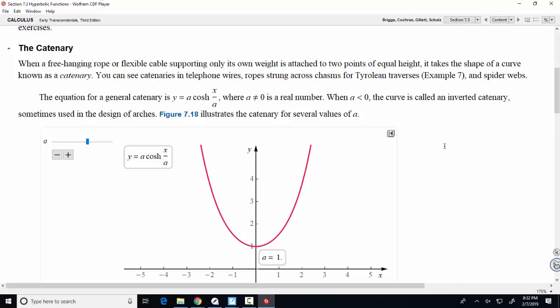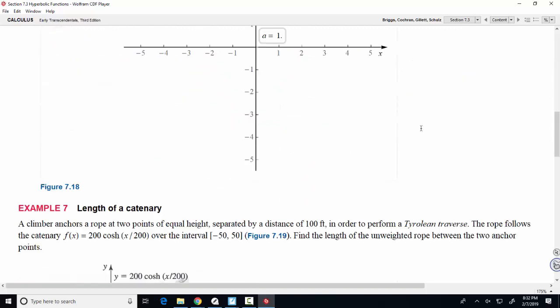If you're interested, you can look at what is the difference between a catenary and a parabola. Because when we look at the hyperbolic cosine, it looks like a parabola, doesn't it? There is a distinction between catenaries and parabolas, but it's very subtle. Like the Golden Gate Bridge, are those parabolas or are they catenaries?